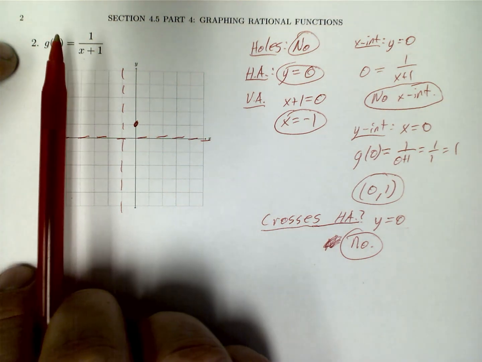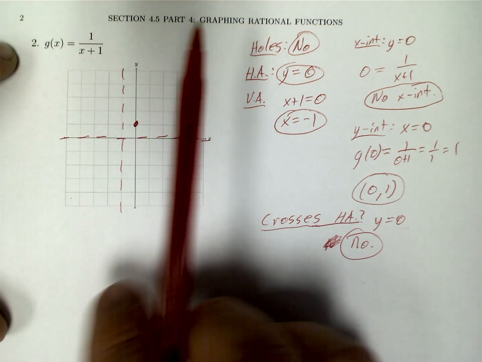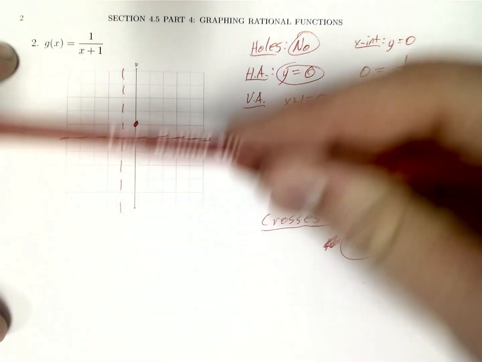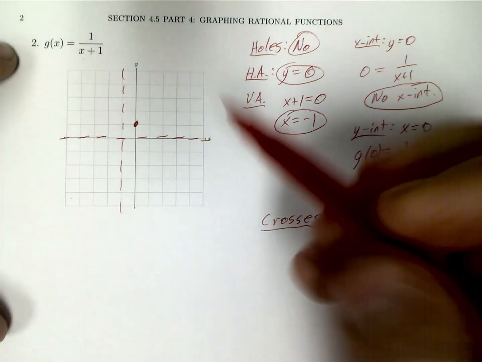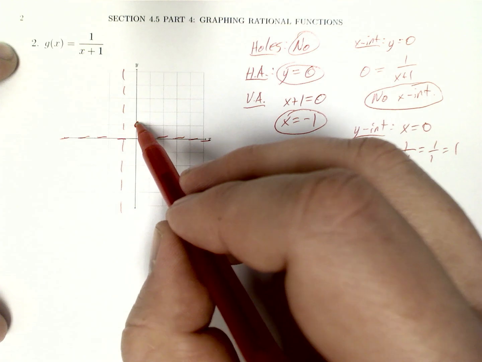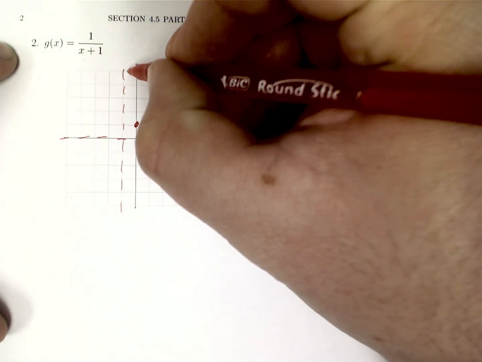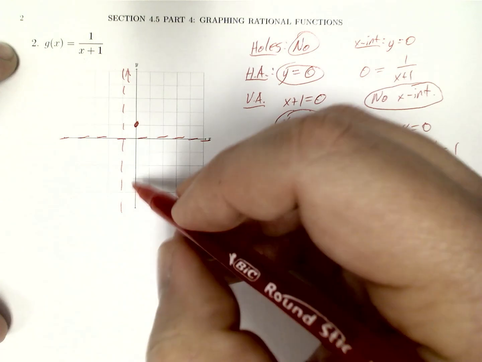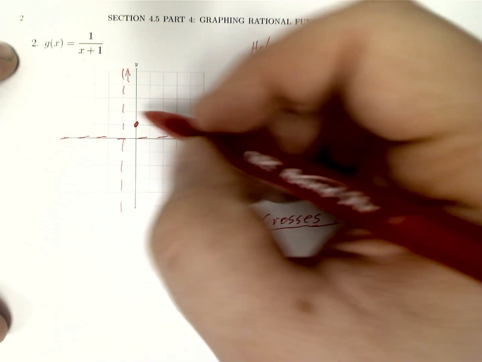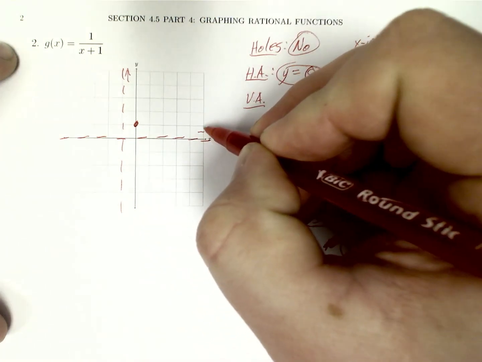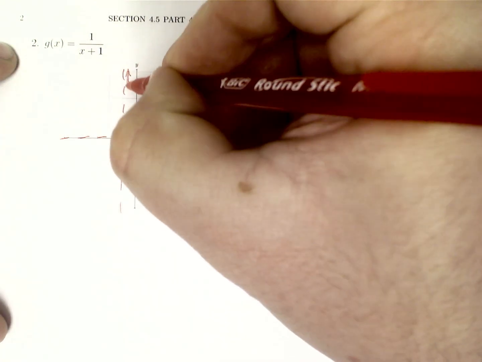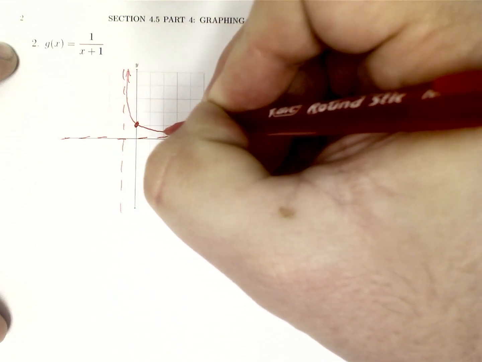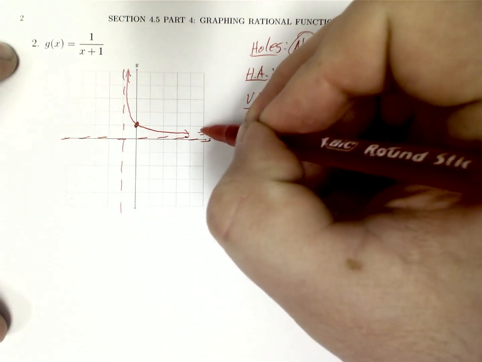Well, going from left to right, we know that it never crosses the asymptote, so it's either always above or always below. And we know 0, 1 is a point, so it must start here, again, as vertical asymptotes start up or down. And then it must stay above, so it must end here somewhere. So something kind of like that.